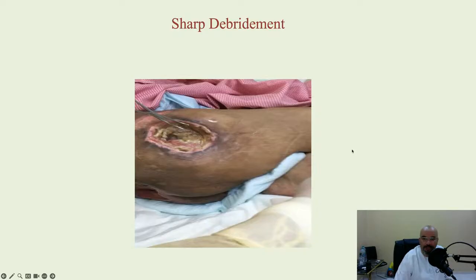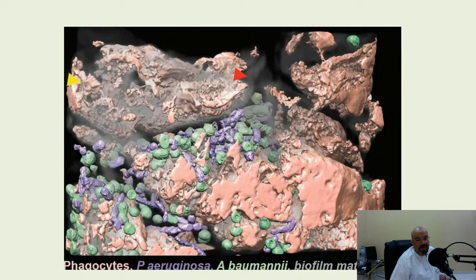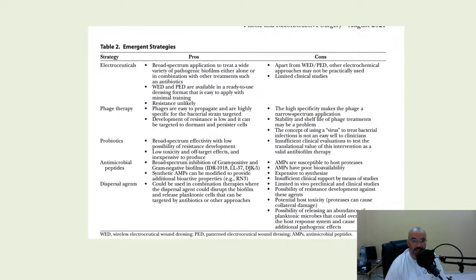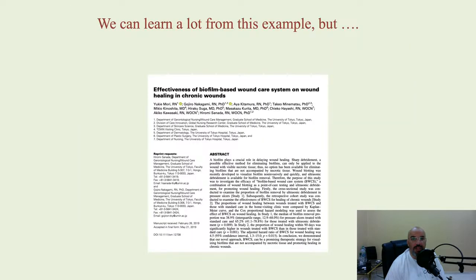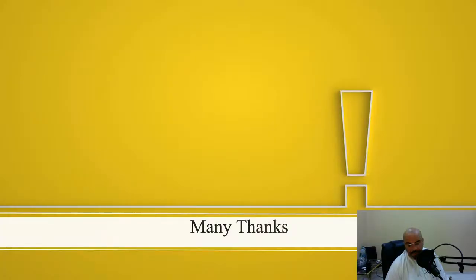Okay, this is how we can do the sharp debridement. Then chemical strategies, ionic silver, honey, and how it looks. This is the 3D imaging for infected wounds, where you can see the distribution of the cells and so on. This is some additional information about the biofilm and how we will deal with it.